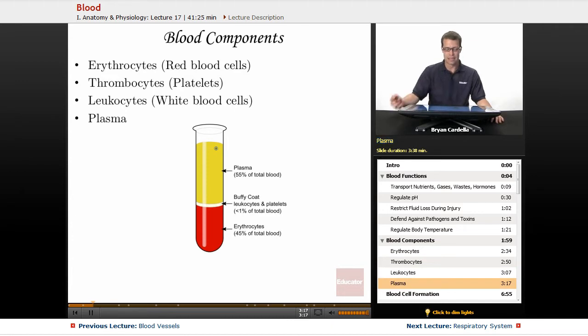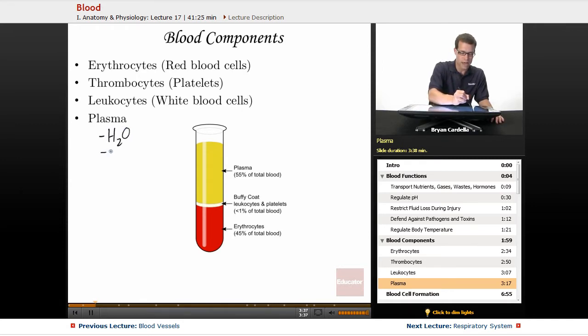Plasma. Yellow fluid. The particles dissolved in plasma is what gives it that yellow look. There are lots of particles dissolved in the plasma, the actual fluid of your blood. Of course, a lot of plasma, most of it, is water. You also have gases. Oxygen, CO2, nitrogen gas. There's a lot of them.